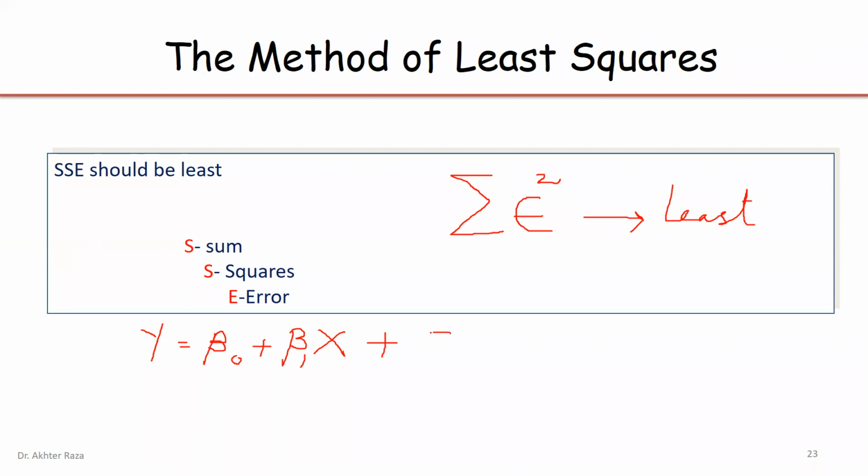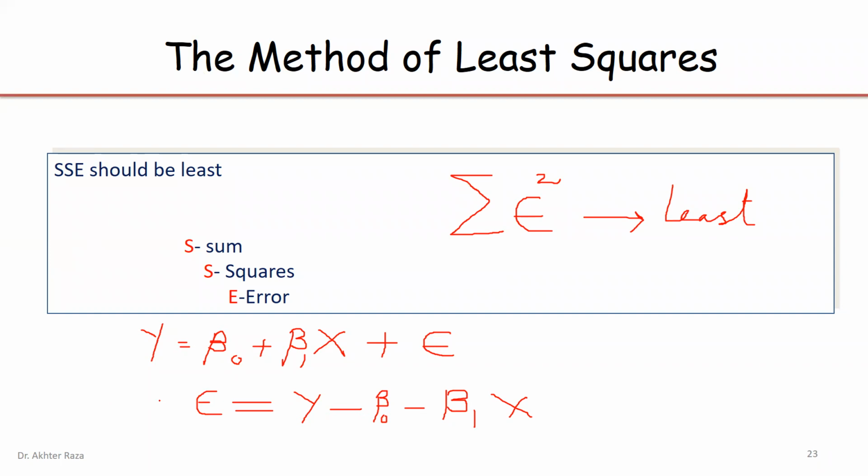So we have to make error the subject. If we make the error the subject, this becomes y minus beta naught minus beta 1 x.